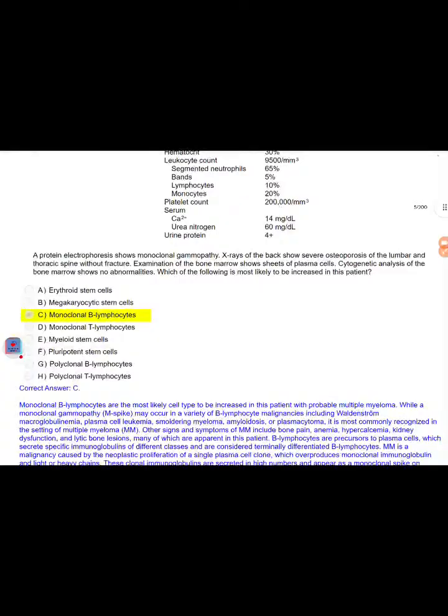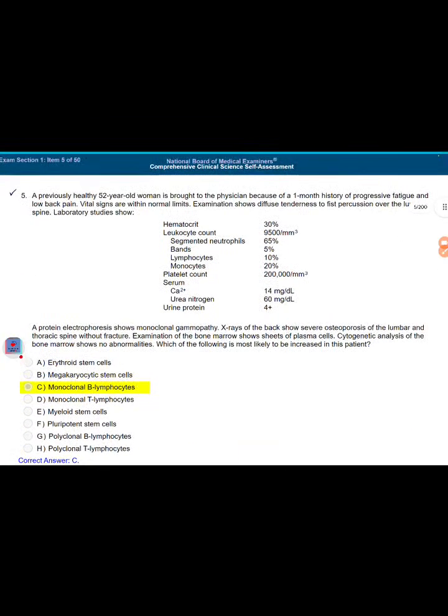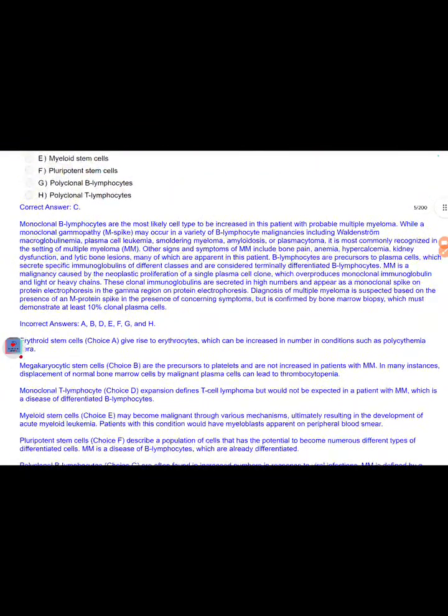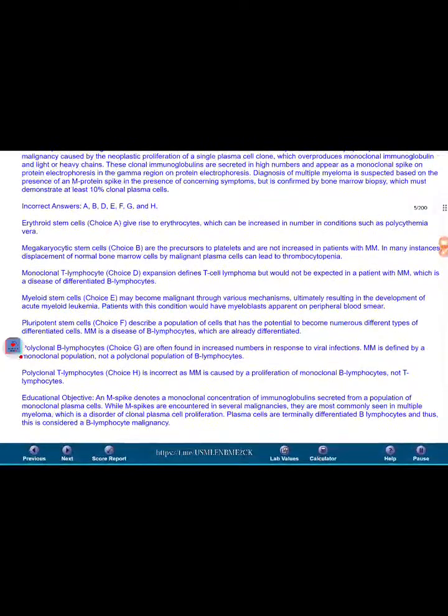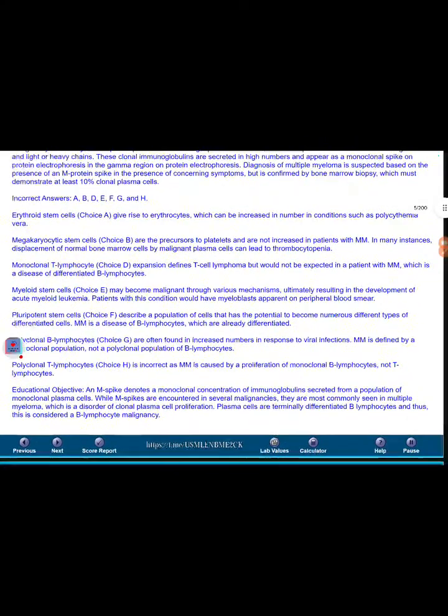Erythroid stem cells give rise to erythrocytes, red blood cells, which can increase in number in conditions such as polycythemia vera. Megakaryocytic stem cells are the precursors of platelets and are not increased in patients with multiple myeloma.